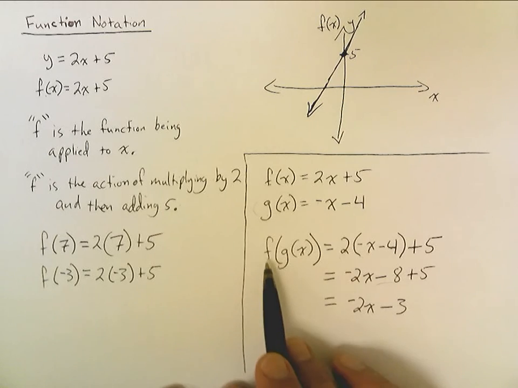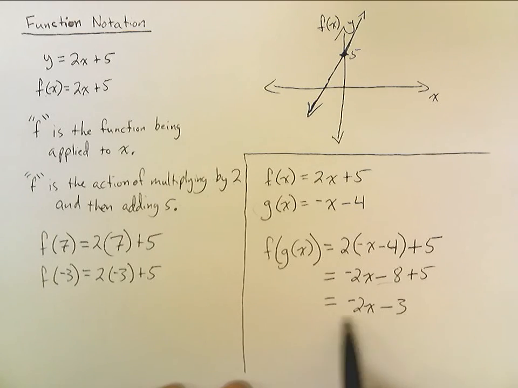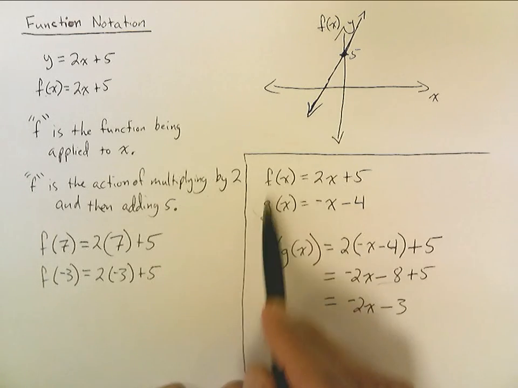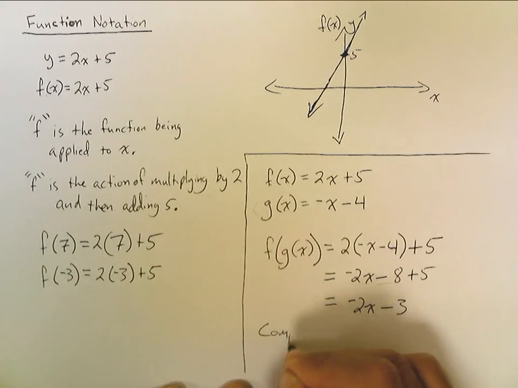And now we have that if we first do g and then apply f to this variable x, this is what we get. So we put these two functions together, and we end up with the actions of multiplying by negative 2 and then subtracting 3. This is what we call the composition of functions.